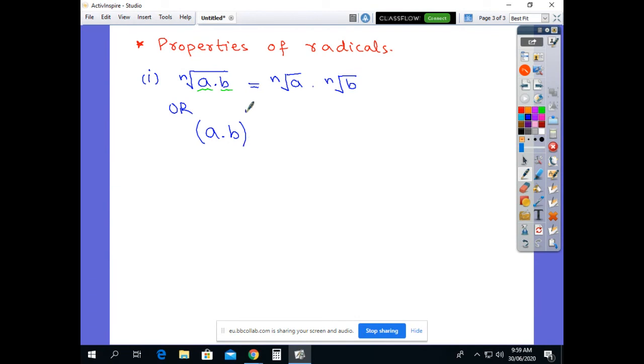In exponential form, the nth root of a times b equals the nth root of a times the nth root of b.